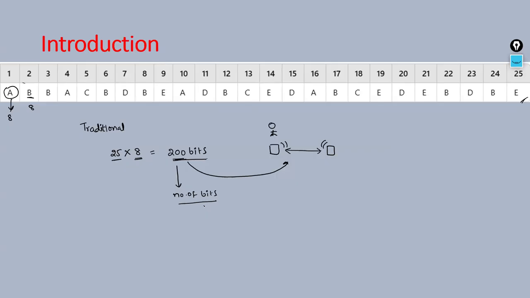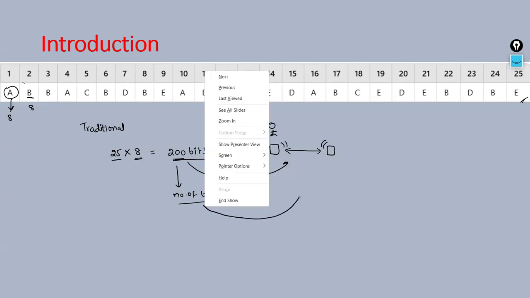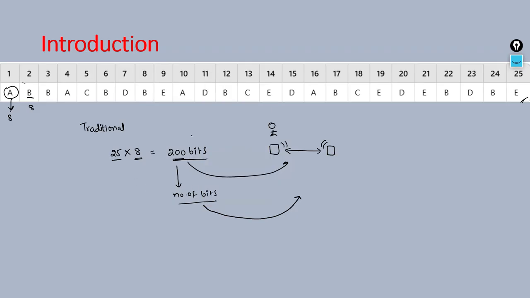Can this data then be transferred faster than the previous method or not? So 200 bits are transmitted. For example, each bit takes 1 unit of time to transfer from device X to device Y. So a total of 200 units of time is required to transmit the data.